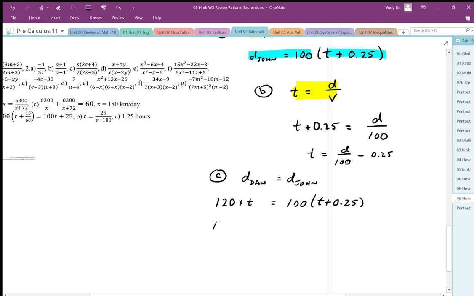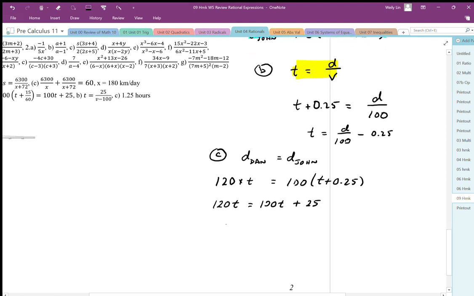So I get 120t is equal to 100t plus 25. So 20t is equal to 25. So the time is going to be equal to 25 over 20, which is 1.25, and that's in hours.